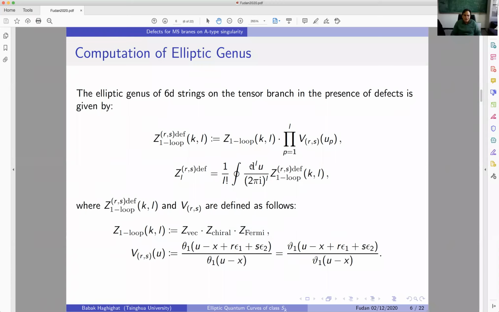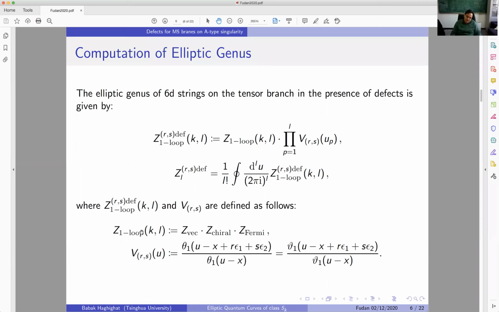And so these are the Cartans of the 2D gauge group. You have to integrate this one loop contribution over those. And now this one loop contribution, this is the original one, which we had for the M strings. But now we get this piece, which comes from the defect. So this is exactly the piece which comes from this extra chiral and Fermi multiplets connecting to this D4 tilde.